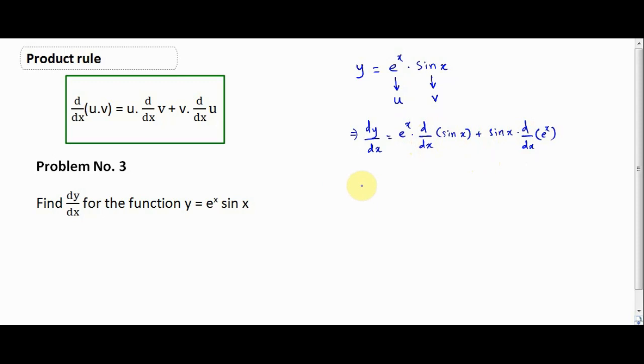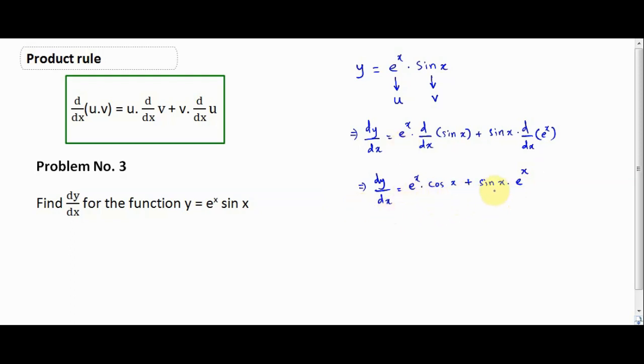So this implies that dy by dx will be equal to e raised to x into d by dx of sin x, which is cos x. So e raised to x into cos x plus sin x into d by dx of e raised to x, so that is e raised to x.